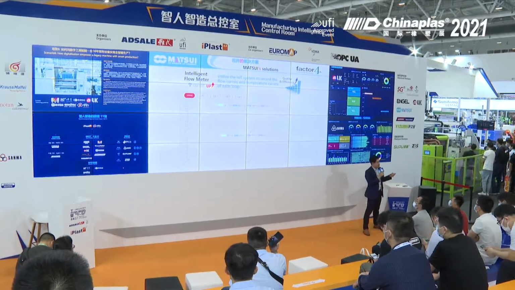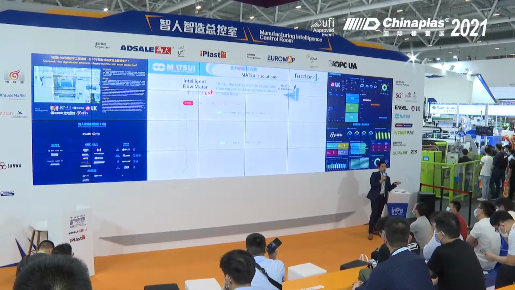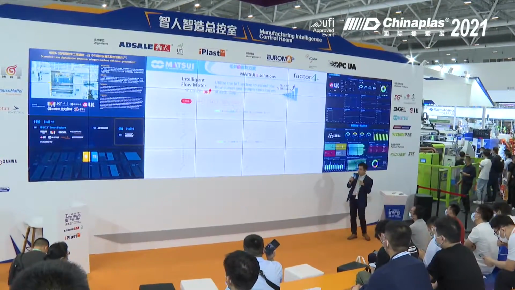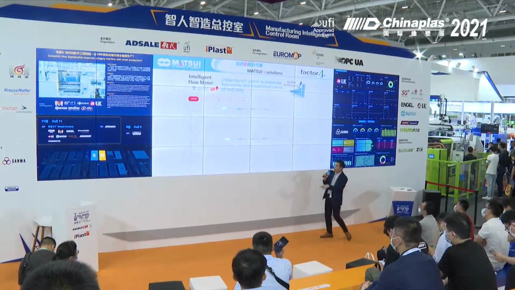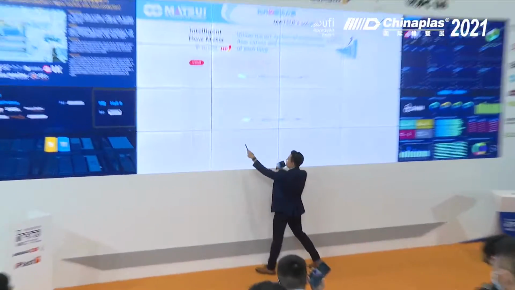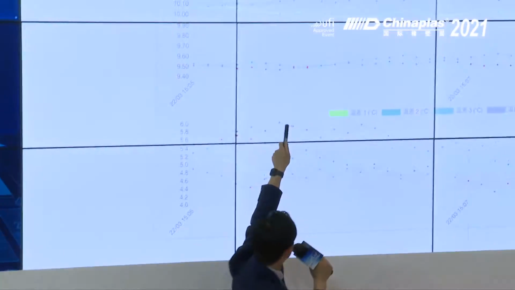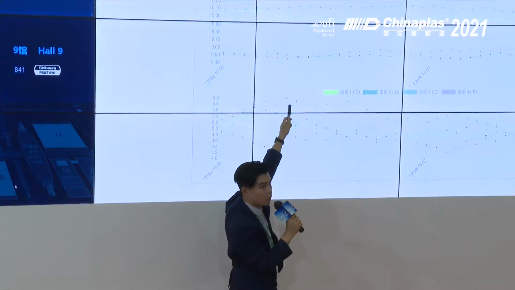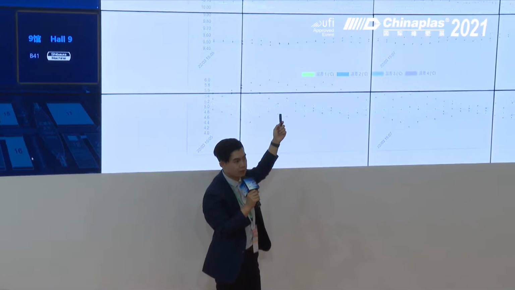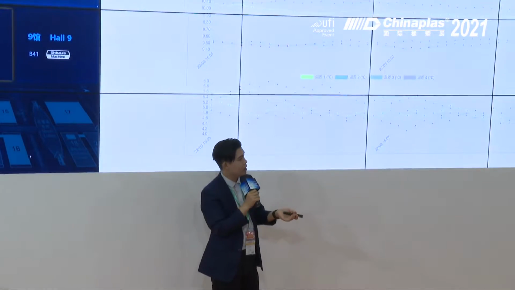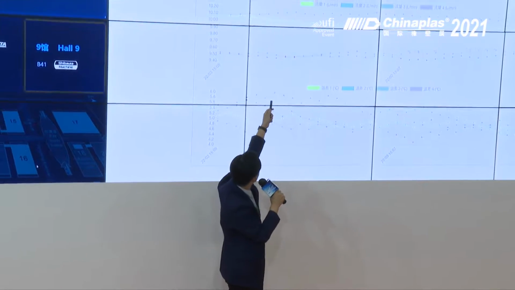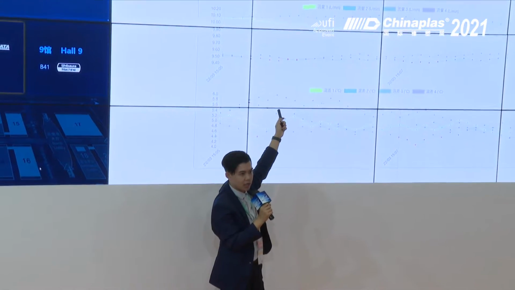When we get a bad product, we will know. For example, look at this one. The flow is about 6 liters per minute. At this time, we get a bad product, also by human checking, and we will collect the big data.